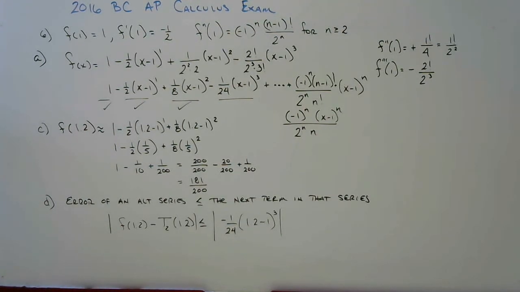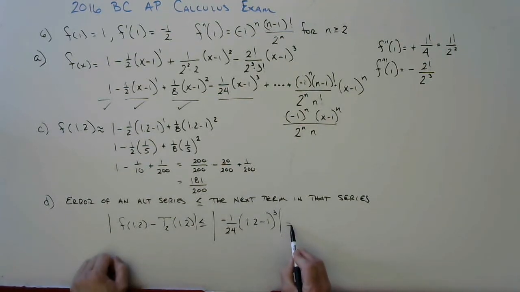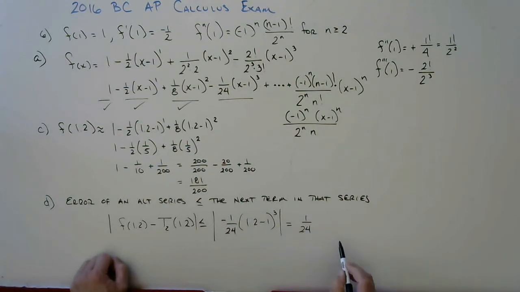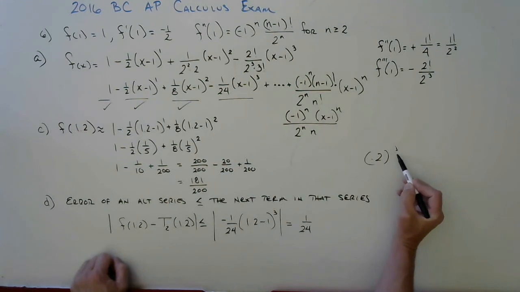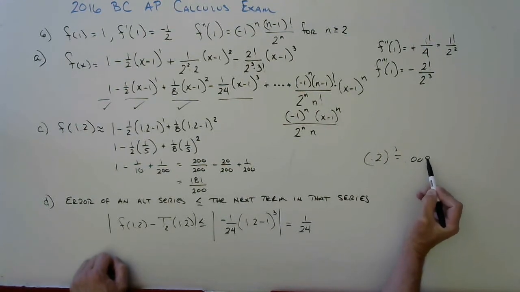So what do we end up with when we get all done with this? All right, we can do the arithmetic, I guess. It doesn't make any difference. So we get 1 over 24, and then we get 0.2 cubed. So 0.2 cubed is going to be 0.008.